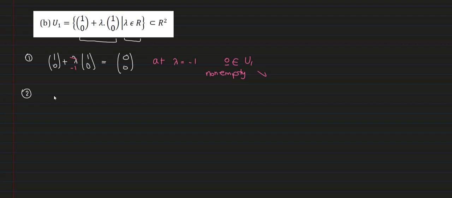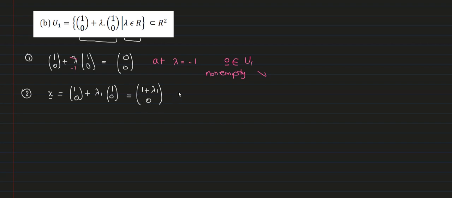Here I need two elements. Let's take x, which is a vector equal to (1, 0) plus lambda 1 times (1, 0). And now let's solve this. So you will have 1 plus lambda 1 in the first component, and the second component is kept as 0.